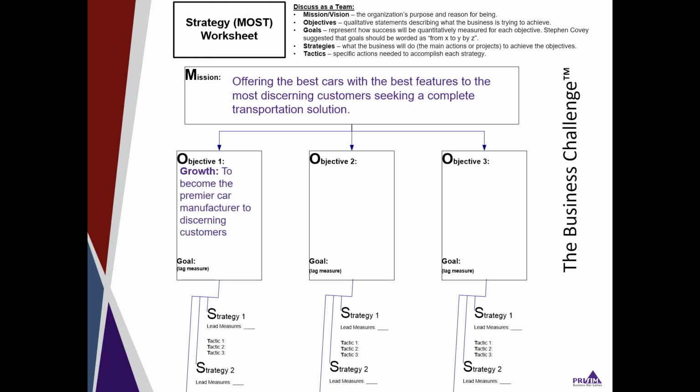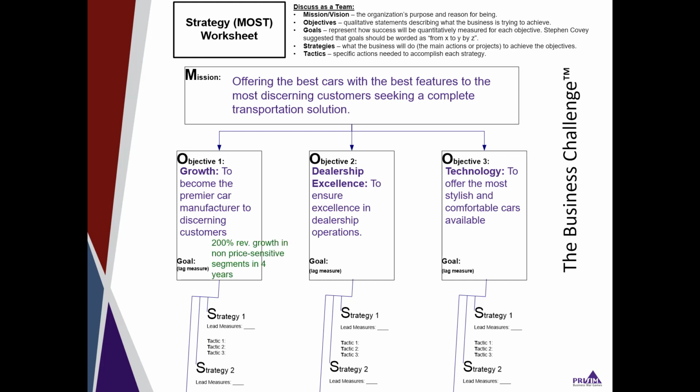So maybe some very specific objectives that we have are around growth, to become the premier car manufacturer, again, to discerning customers. Working with dealerships, technology, the most stylish and comfortable cars available. And now if we get quantitative, 200% revenue growth in non-price sensitive segments over 4 years.